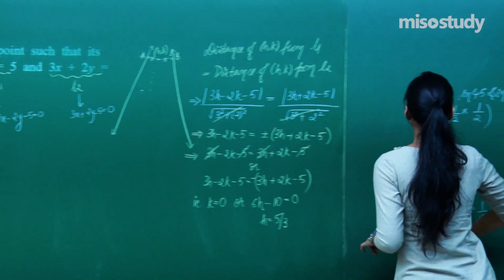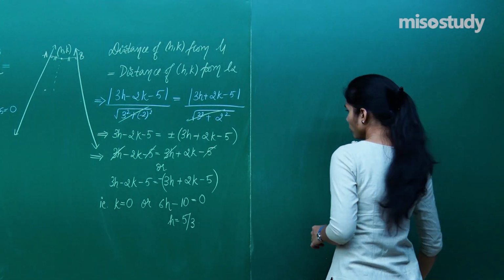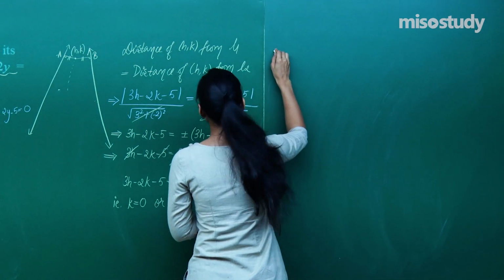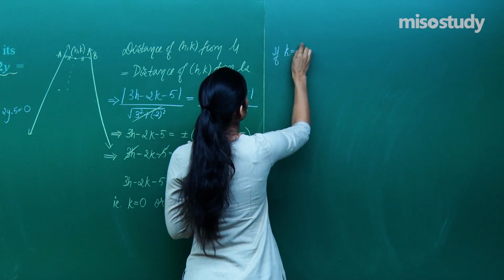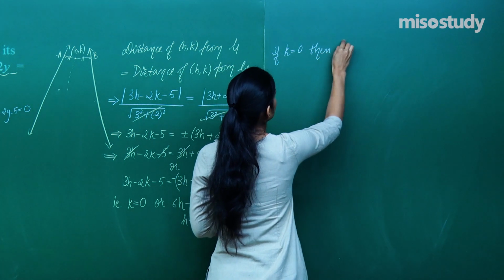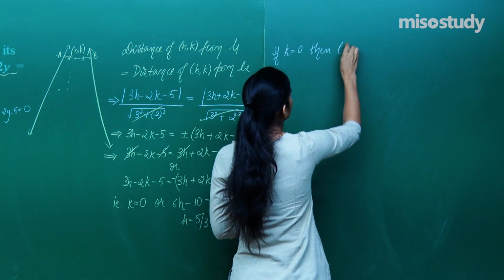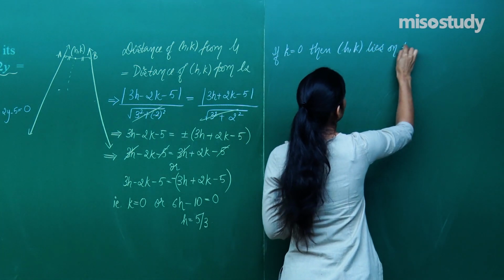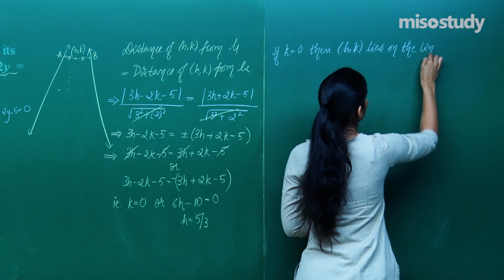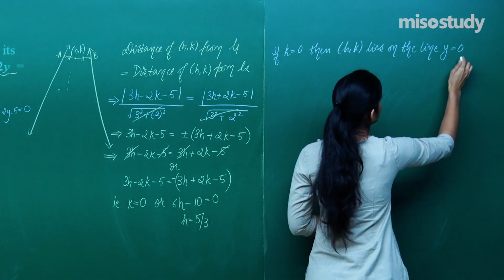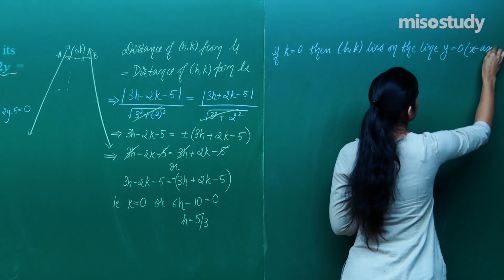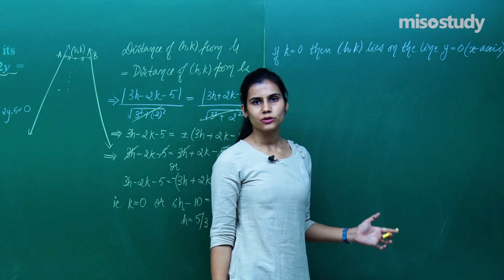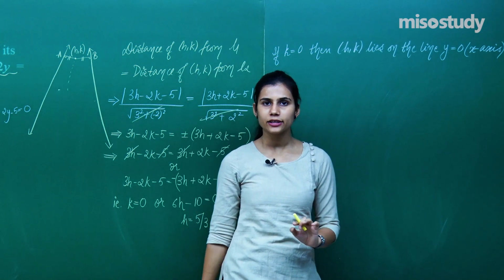See, if k is 0, that means the y coordinate of the point is 0. If k is 0, then h comma k lies on the line y equals 0, which is my x-axis. Obviously then the very point is going to satisfy the equation of x-axis y equals 0 because its very y coordinate k is 0.